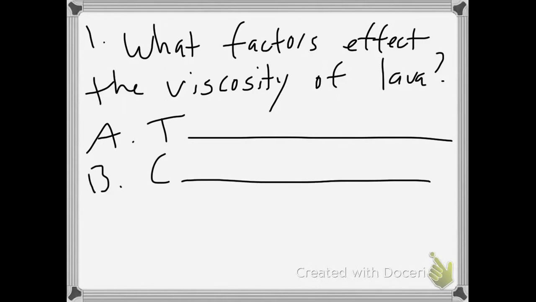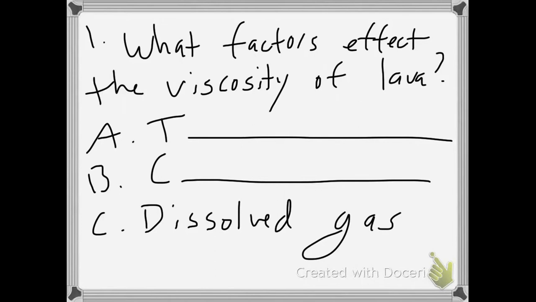The second factor starts with a C, and that's composition, especially silica content. And the third starts with a D, and that's the amount of dissolved gas, which constitutes about 1 to 6% of a lava by weight.